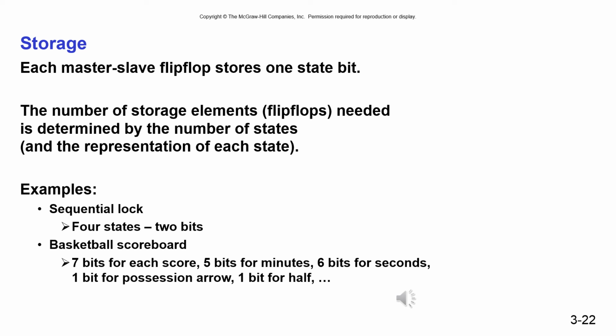The number of storage elements, flip-flops, needed is determined by the number of states and the representation of each state. Some examples: a sequential lock had 4 states, so we'd need 2 bits. Basketball scoreboard, we need 7 bits for each score, 5 bits for minutes, 6 bits for seconds, 1 bit for possession arrow, 1 bit for half, etc., etc., etc.